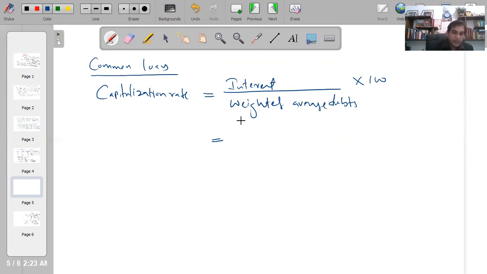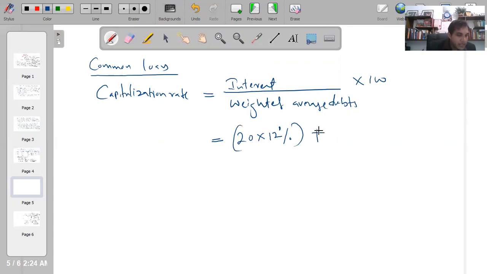Okay, so let me calculate it. What is the first one? Loan obtained 12% at outstanding amount 20 million. So 20 million into 12% plus.